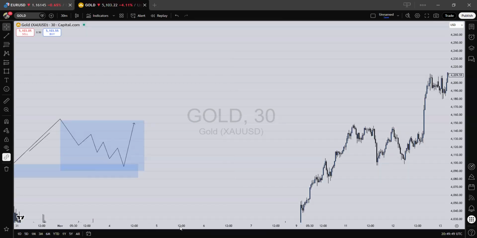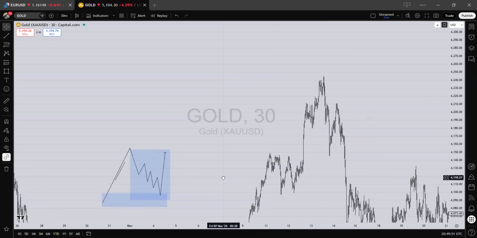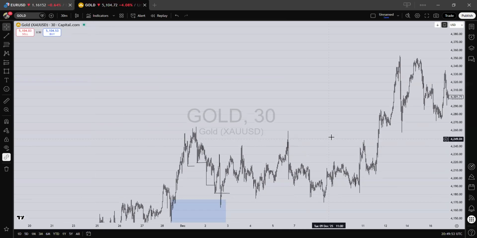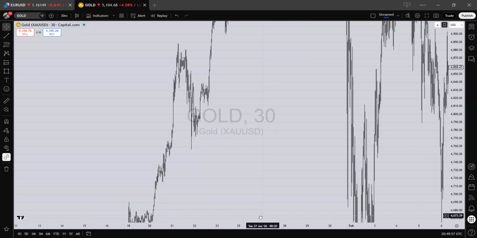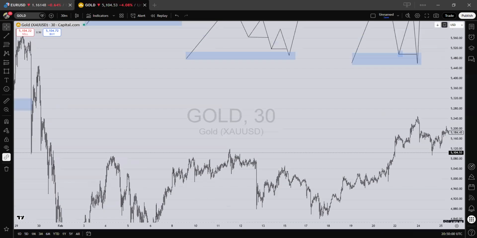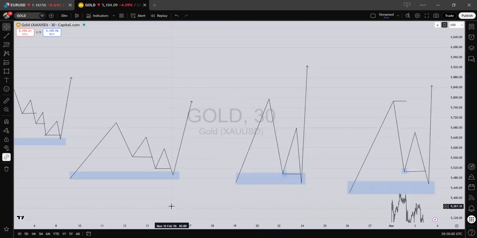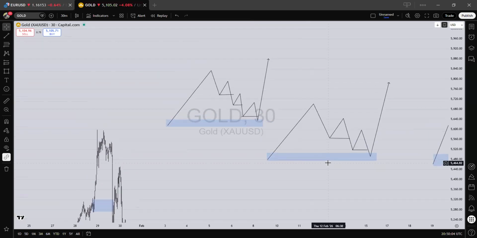Okay? So whenever there is no inducement close to your point of interest, it doesn't mean that the POI there will not work. You just have to be patient and pay attention to see if price is going to engineer liquidity or not.